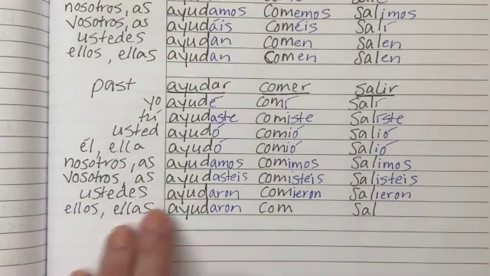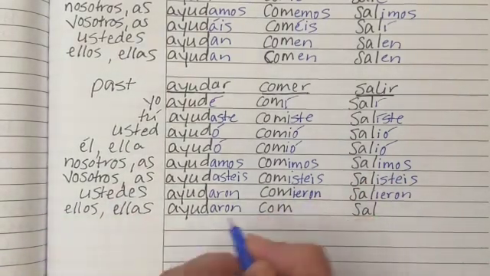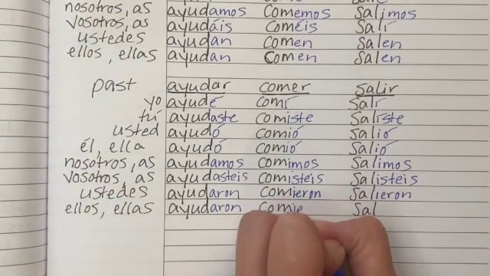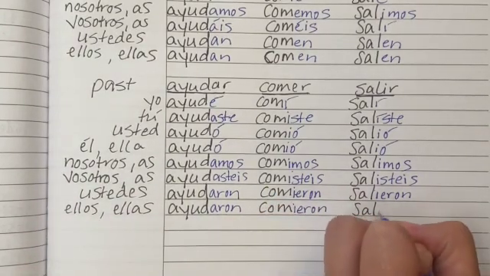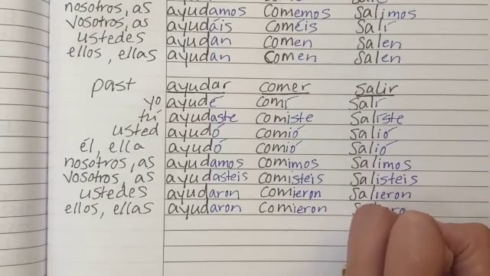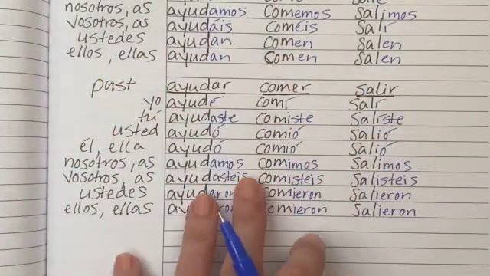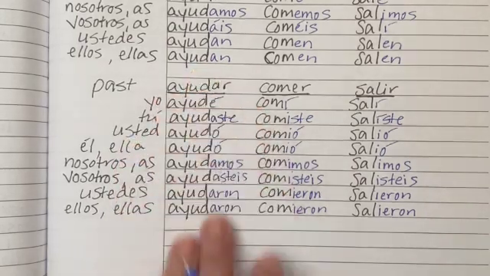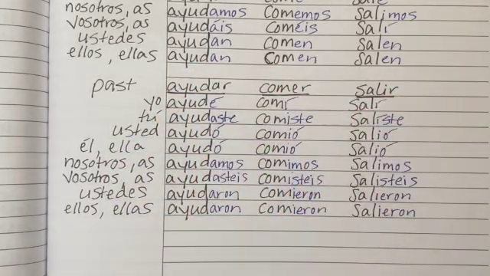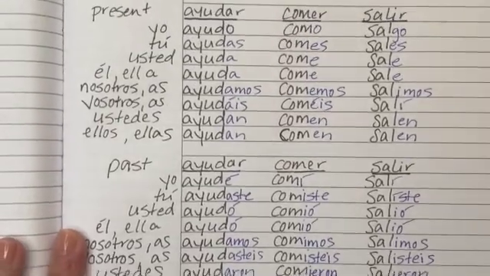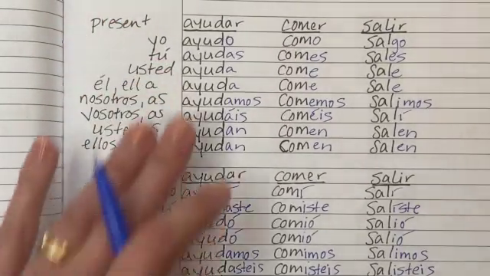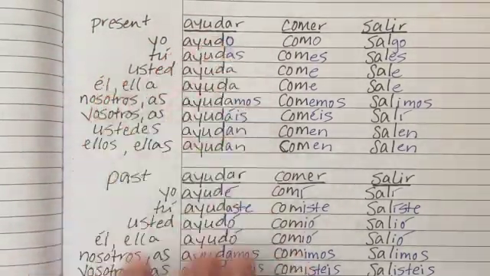And finally, for they ate, ellos comieron. And they went out, ellos salieron. Okay, so those are our past tense endings for AR, ER, and IR verbs. So you can compare the endings here for the past tense and the present tense.